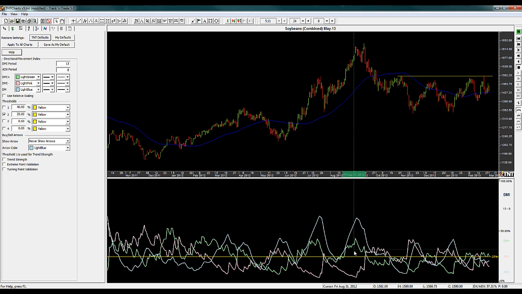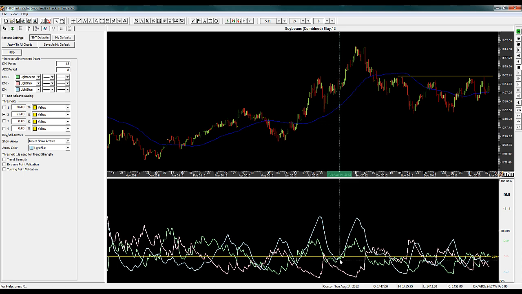I've gone with a 25% level, and all it does is alert me to when the market might be starting to build a trend. You'll notice when you go back through your DMI indicator that when you look at these points where the ADX, that's that blue line, gets above the 25%, as it did right here, you'll notice that we have a very nice trend resulting.